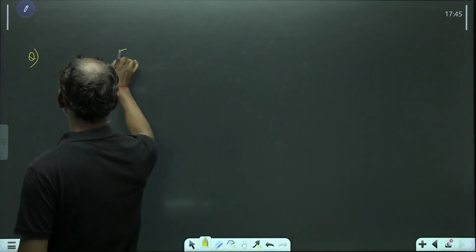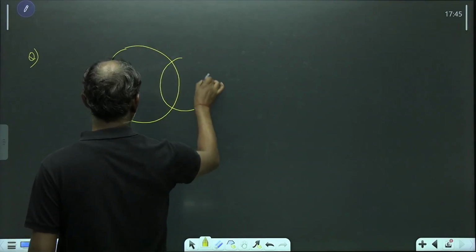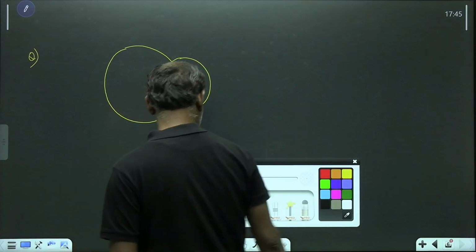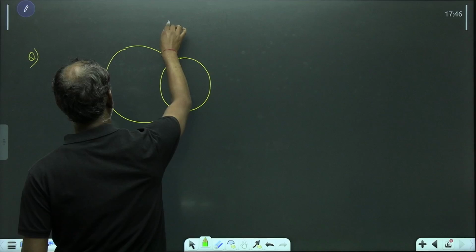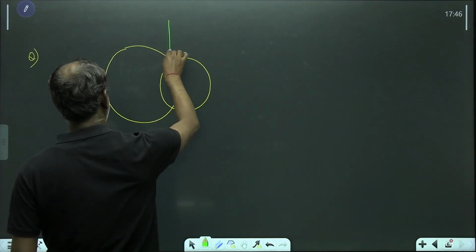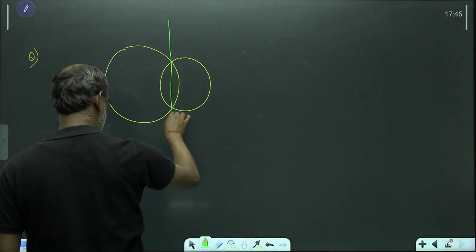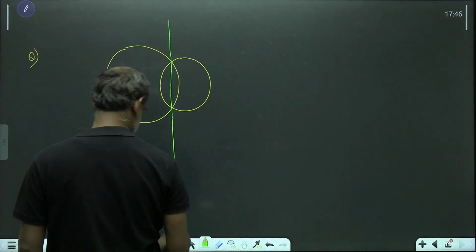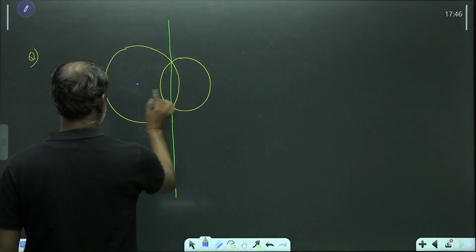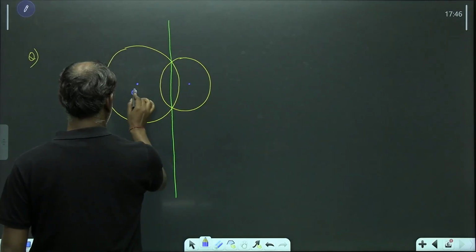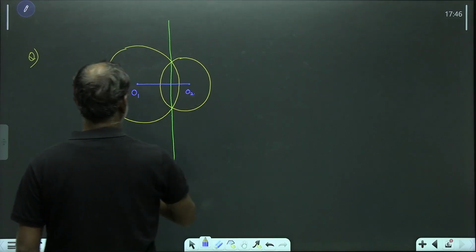So, what we are given is a diagram. Let me draw the diagram. The common chord of these two circles is also drawn. The centers O1, O2 are given.